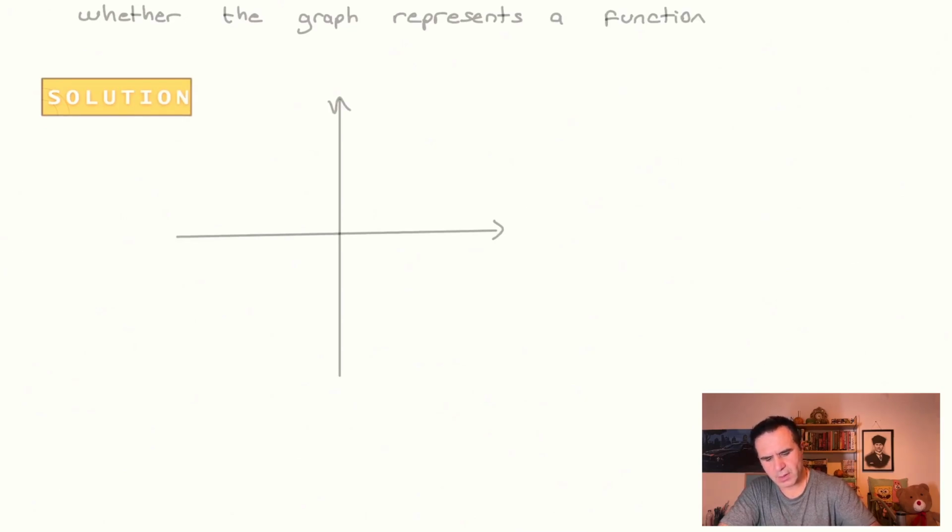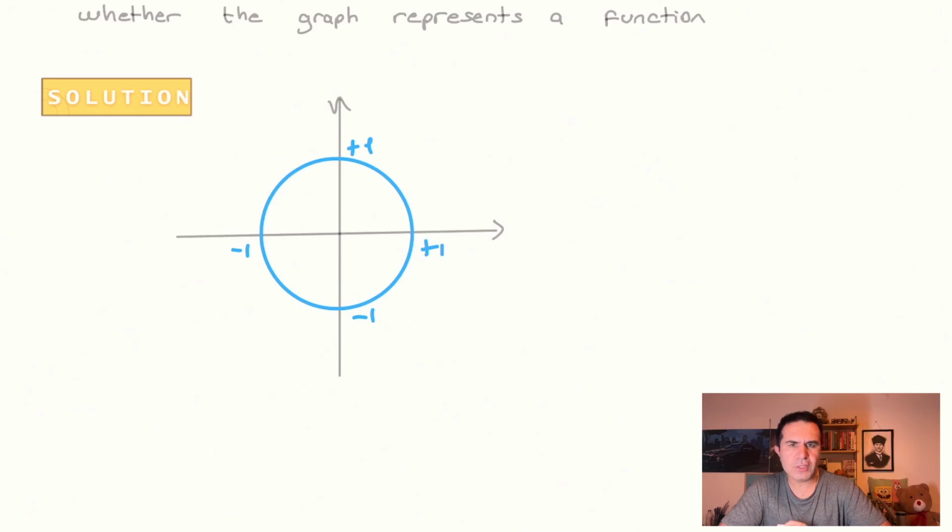This is plus 1, minus 1, plus 1, minus 1. If you use the vertical line test here and draw this line, we see that it touches the graph 2 times. Since a vertical line crosses the graph at more than one point, it fails the vertical line test and cannot be considered a function.